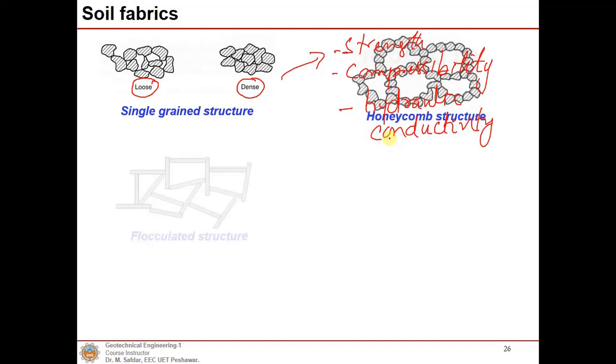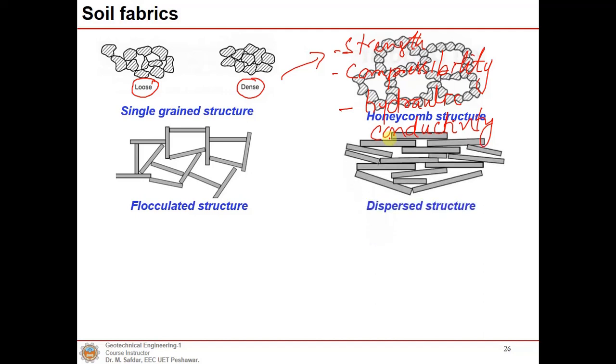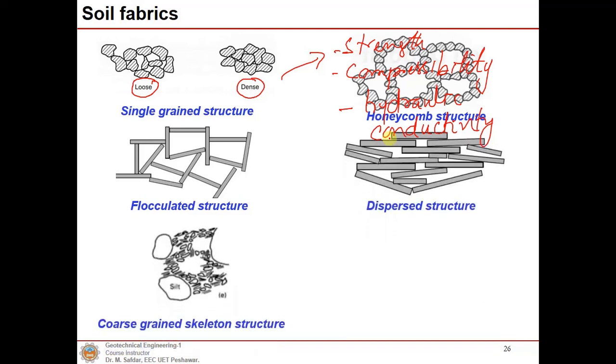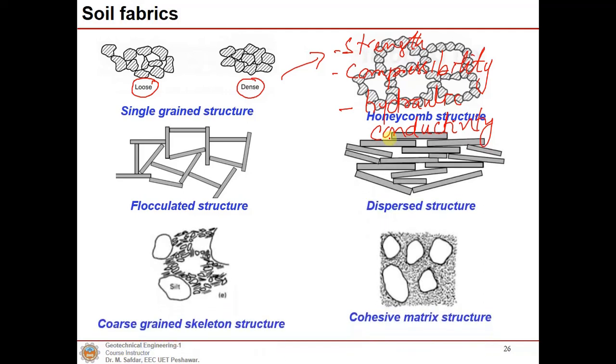Honeycomb structure, flocculated structure, dispersed structure, coarse grained skeleton structure, and cohesive matrix structure will have different strength, different compressibility, and different hydraulic conductivity, which will be discussed in Geotech 2, Geotech 1, and Foundation Engineering.